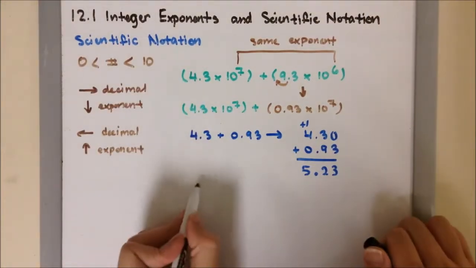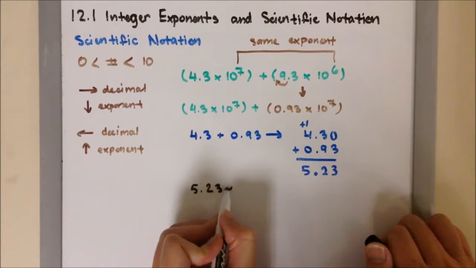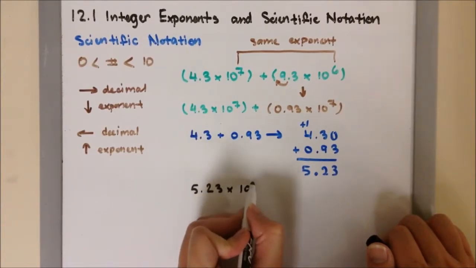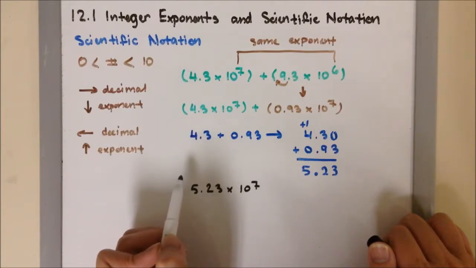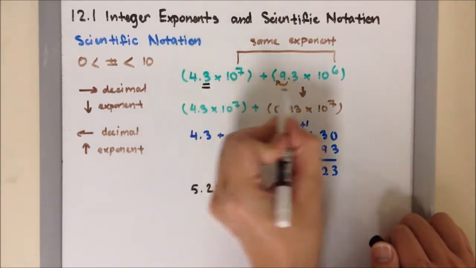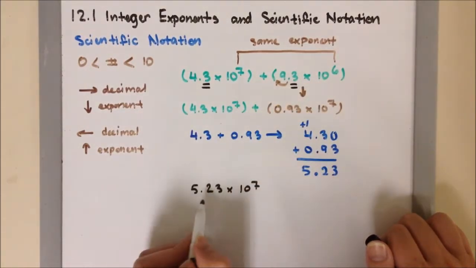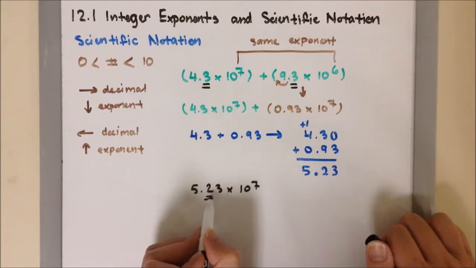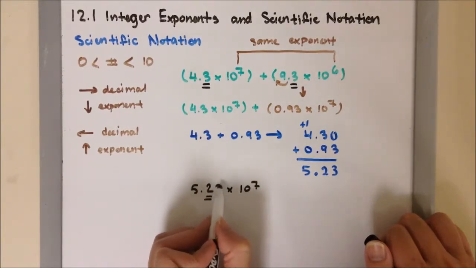So my answer is 5.23 times 10 to the 7th power. But make sure to have the least amount of decimal places. The original problem had 1 decimal place, and the other one was also 1 decimal place. So I need to get to 1 decimal place. So it's 0.23. I'm going to look at the 3.